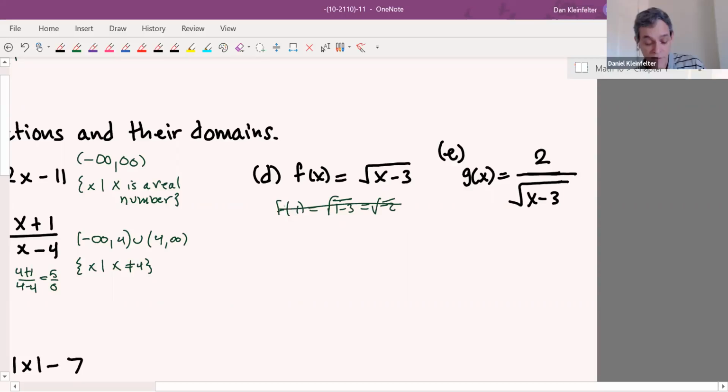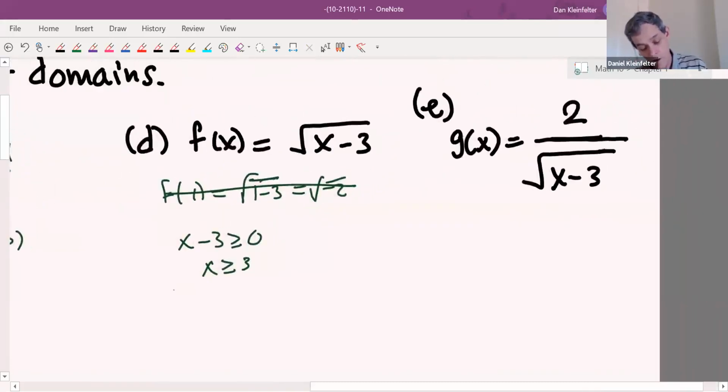So what do we need to have be true? x minus 3 has to be at least 0, because we can only take square roots of numbers 0 and higher. So x has to be at least 3. Okay, so then we could write in interval notation 3 up to positive infinity. And then in set builder notation, the set of all x such that x is greater than or equal to 3.